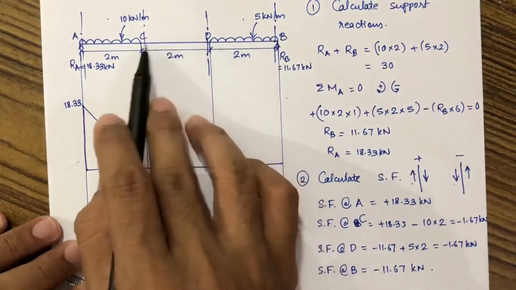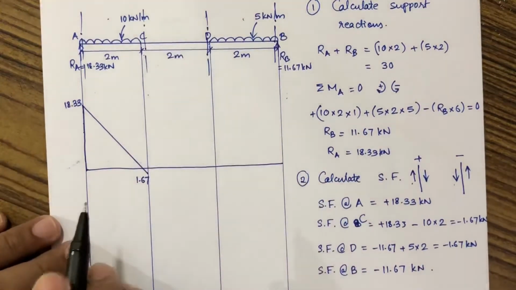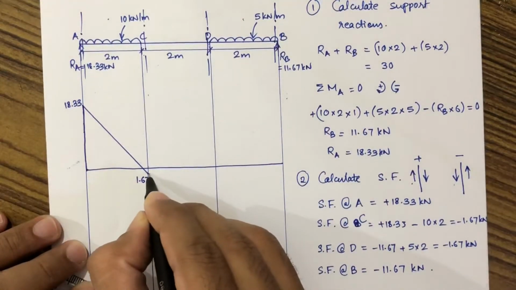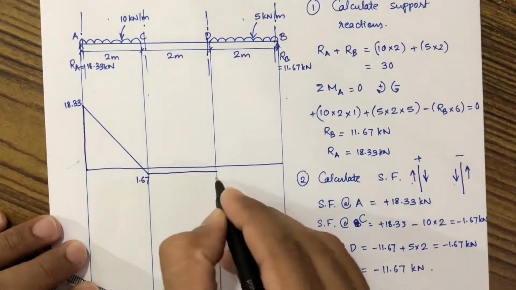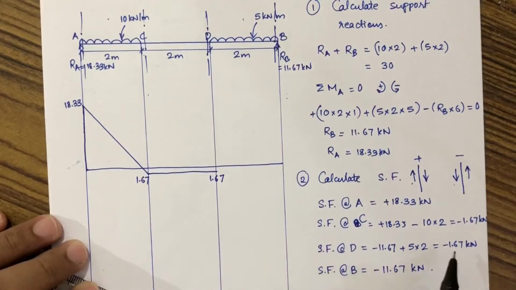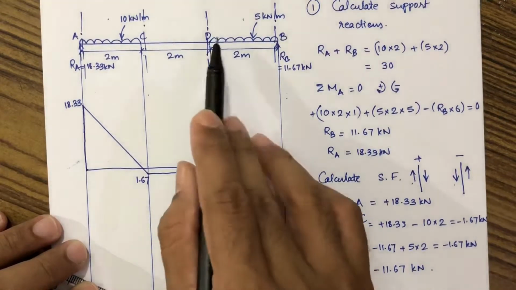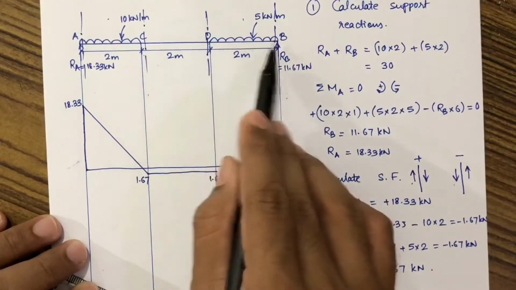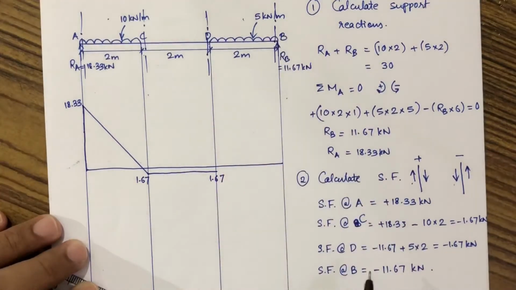Now between C and D, there is no reaction. So this will be a straight line till 1.67 at point D. Shear force at D is again minus 1.67. And as between D and B, there is this UDL, and shear force at B comes out to minus 11.67.